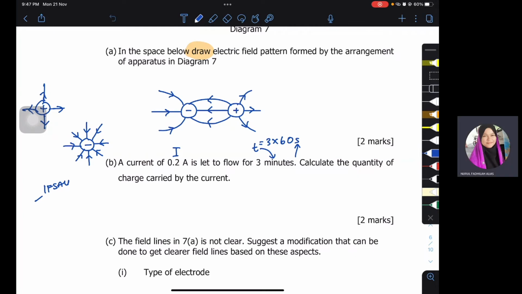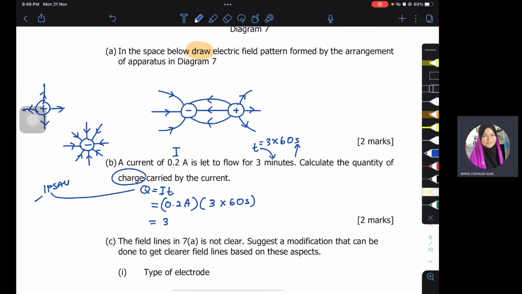Okay, you write the formula ni. Q equals to IT. Soalan nak charge. So you don't have to rearrange anything. So use the formula right away, directly. Tapi time, don't forget, not 3 minutes, but mesti tukar pada second.